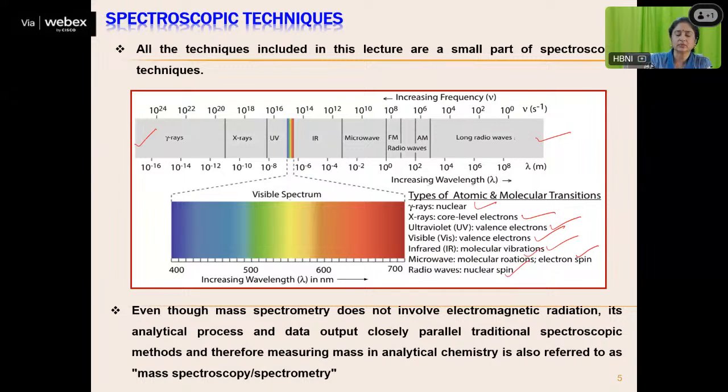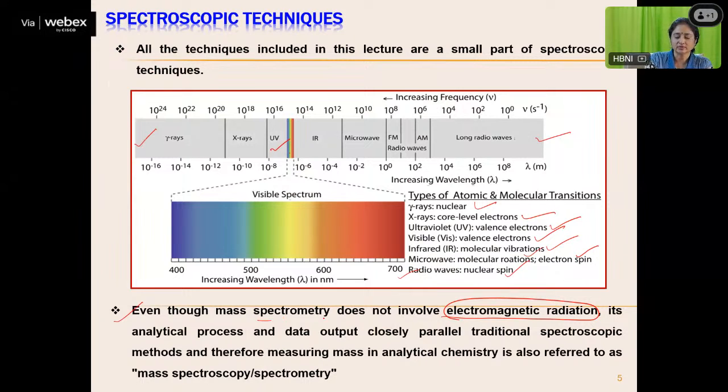So in this lecture, we'll be focusing on the ultraviolet and visible radiation, which ranges from around 190 to 700 and a small part of near IR, so around 900. So from 190 to 900 nanometer we'll be focusing. And one thing I want to tell you here, that even mass spectrometry does not involve any electromagnetic radiation.